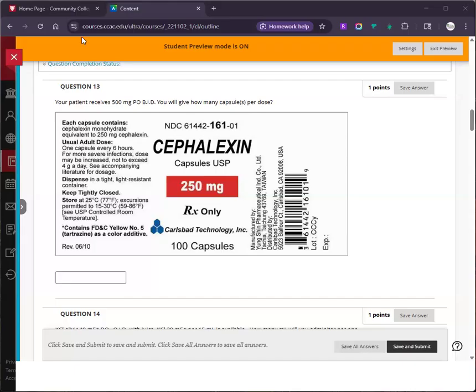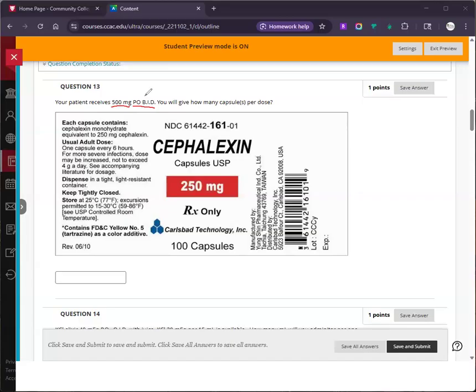Your order is typically going to be listed first. It's going to give you a statement and then give you a question. It'll tell you here, your patient receives 500 milligrams, and then it says some letters afterwards, PO BID. PO just means by mouth. It literally translates into per oral. So that means it's going in their mouth.